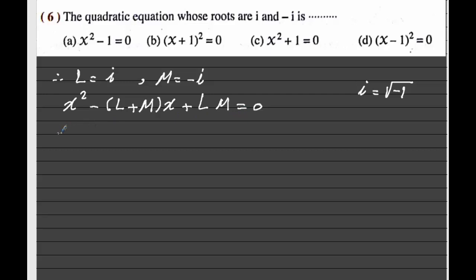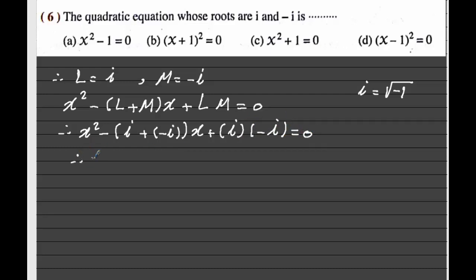Okay, so substituting L equals i and M equals negative i, what do we get? x squared minus (i plus negative i) all multiplied by x plus i multiplied by negative i equals 0.